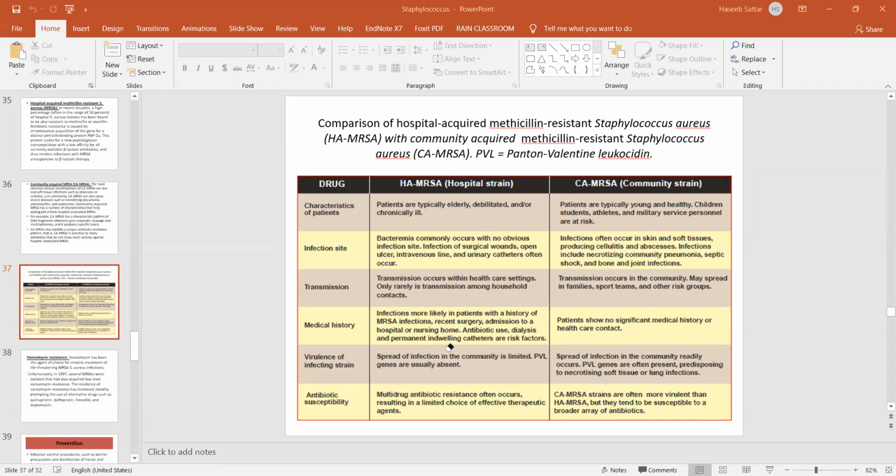But for community acquired MRSA, there is no such medical history. They don't even have any contact with any healthcare facility. That's why we classify it as community acquired.